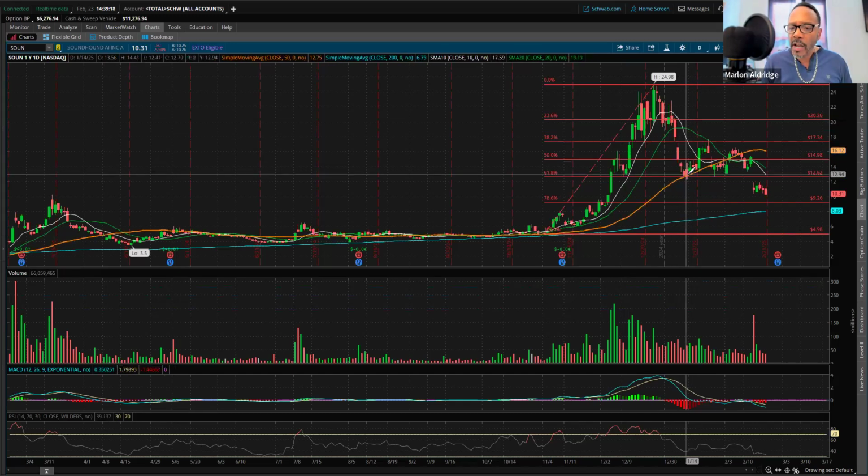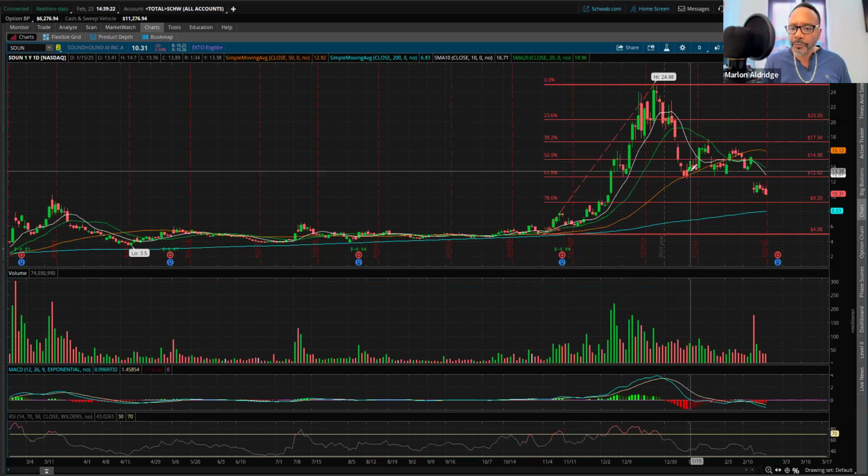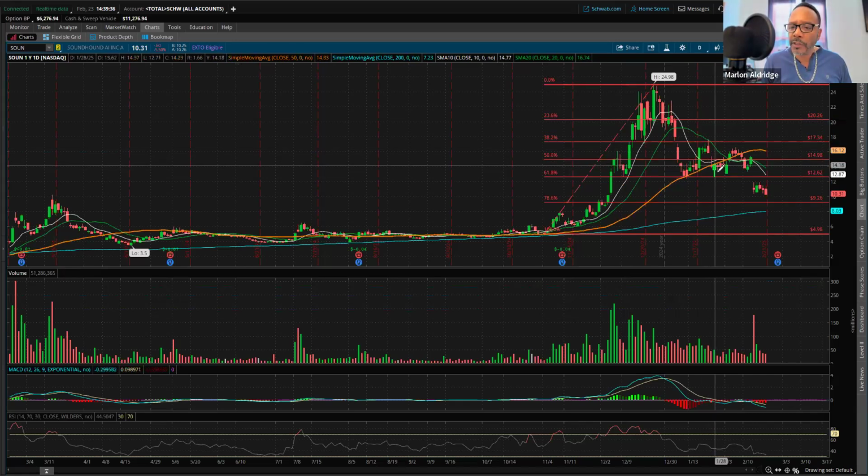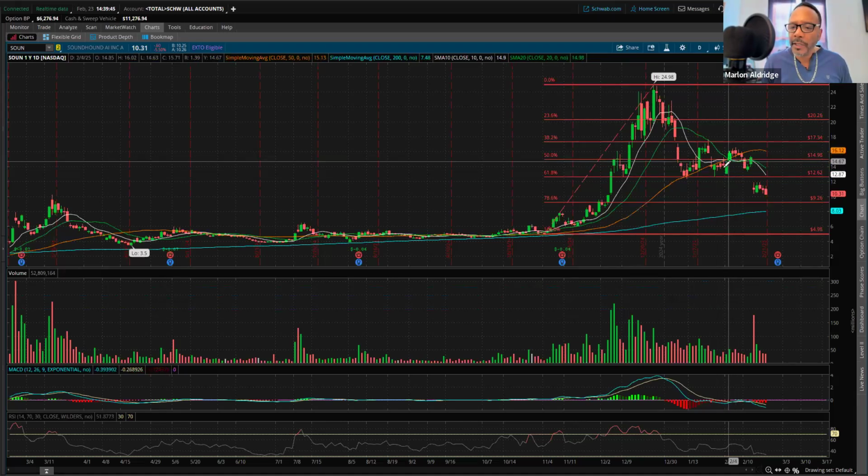Then for a while, it hung around the 61.8. Then you had another retracement upward to about in between the 50% and the 38% level. Okay. Then you had another retracement downward, somewhere in between 50 and 61.8. And here you can see that.